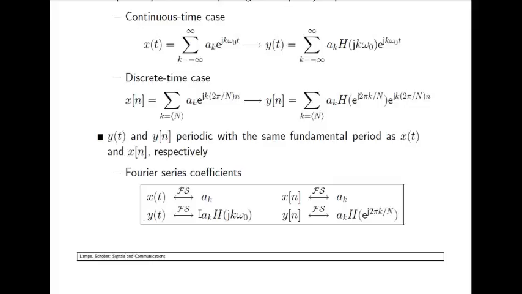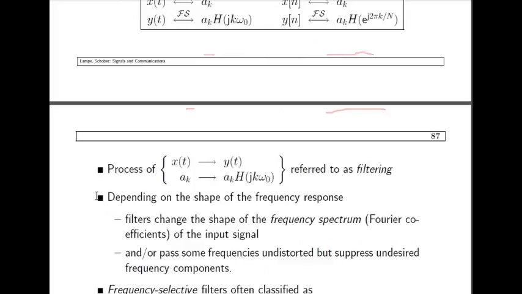And if x of n has Fourier series a k, then y of n will have Fourier series a k H of e to the power j k 2 pi by N. So the process of converting x of t to y of t, or a k to a k into H of j k omega naught, is referred to as filtering.